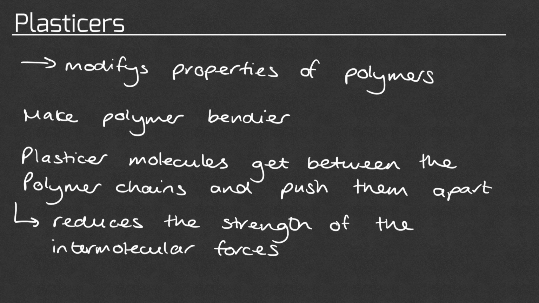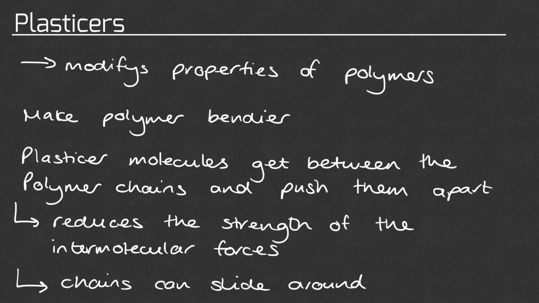This reduces the strength of the intermolecular forces between the chains. Therefore, the chains can slide around more, making them more flexible. So typically, plasticizers will be added to things like wire cables, so what goes on the end of a plug, so that wire can bend, it can be flexible, but it's still got the strong properties of the polymer.